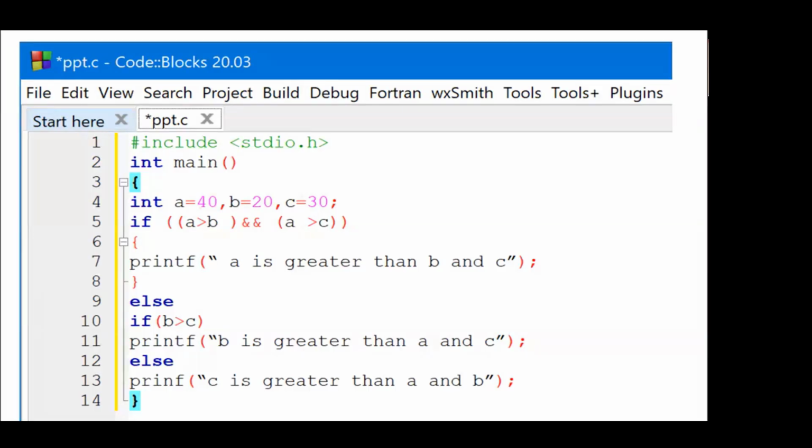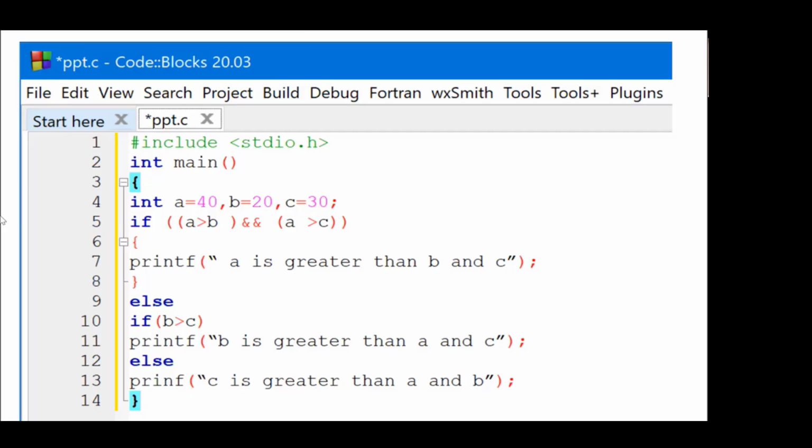If a greater than b and a greater than c, then we can say that a is greater than b and c. Else, if b is greater than c, then we can say that b is greater than a and c. Else, c is greater than a and b.